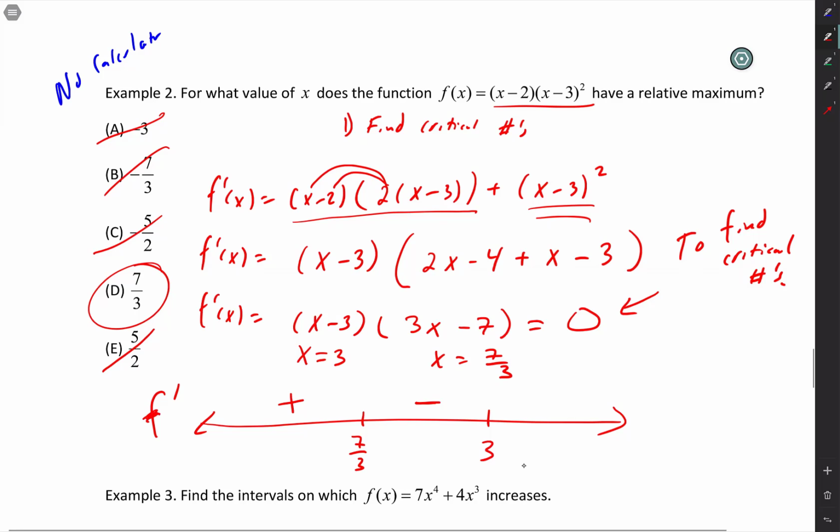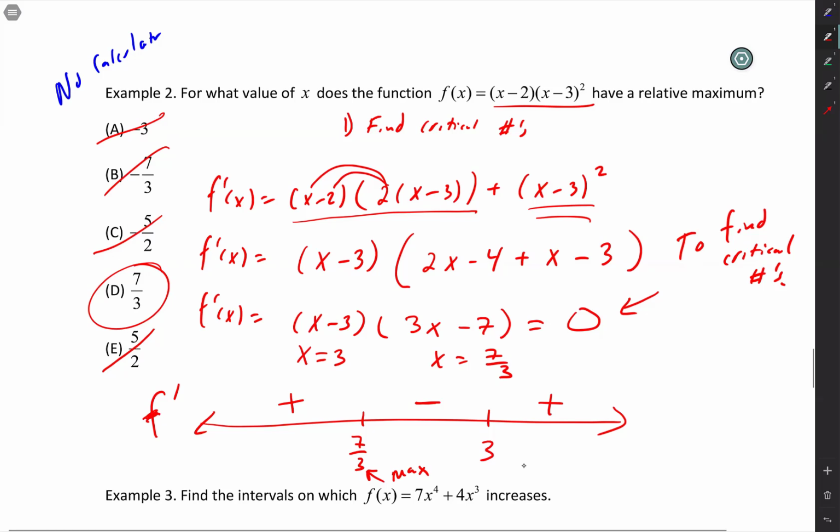Hold on. 3 times 2.5, 3, 6, 10. Oh, yeah. Right? 6. What's wrong with? Oh, yeah, definitely. If I choose a number bigger than 3, like 5, positive times a positive, positive. Okay. You can see here that my derivative is changing from positive to negative at 7/3. So that has to be a max.